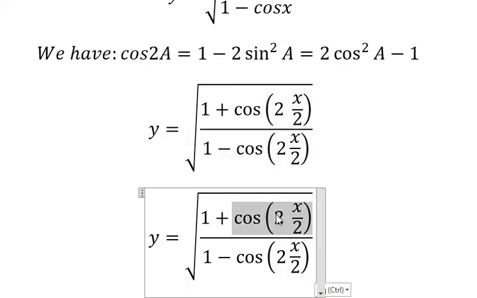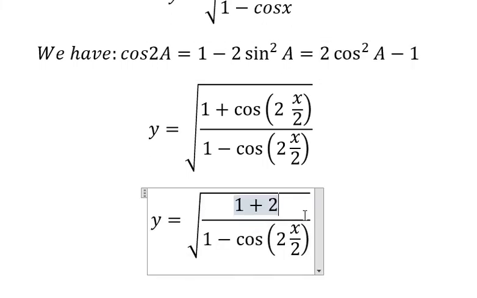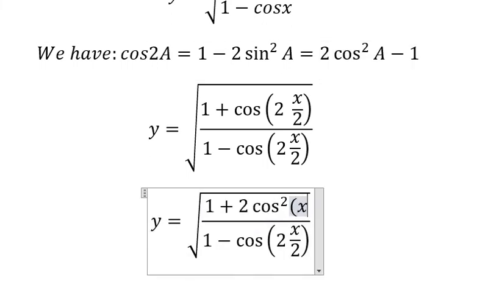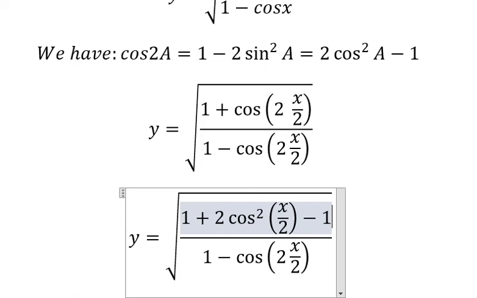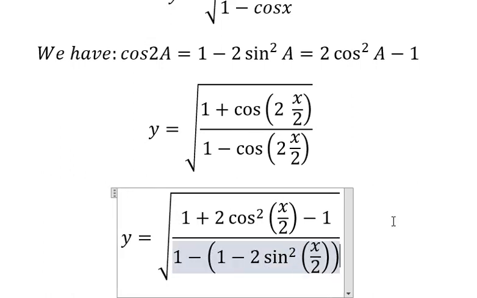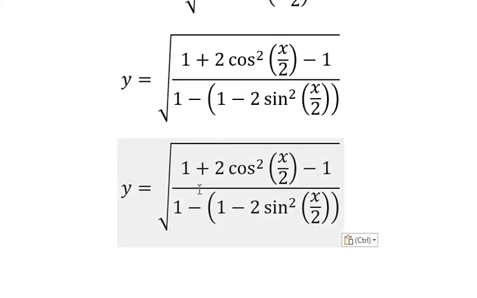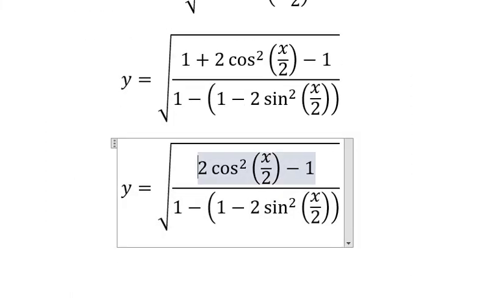Now we need to transform this one into this one, and this one into this one. So 1 minus 1 we cancel. 1 minus 1 we cancel.